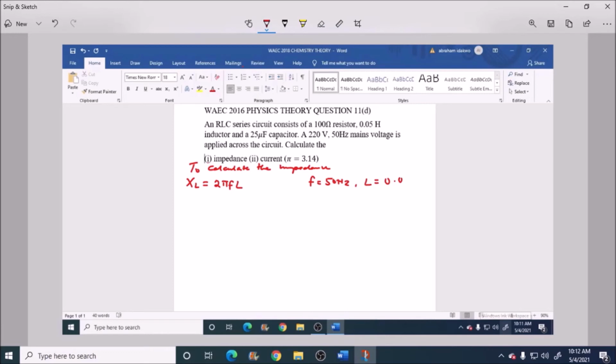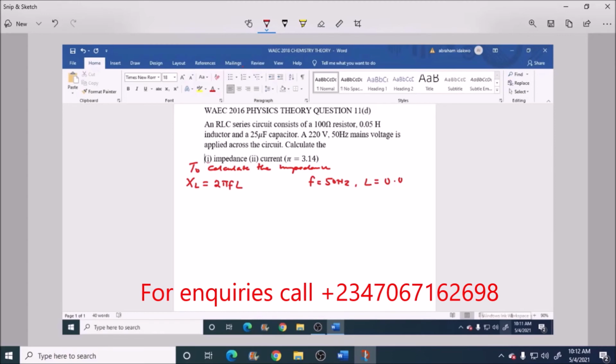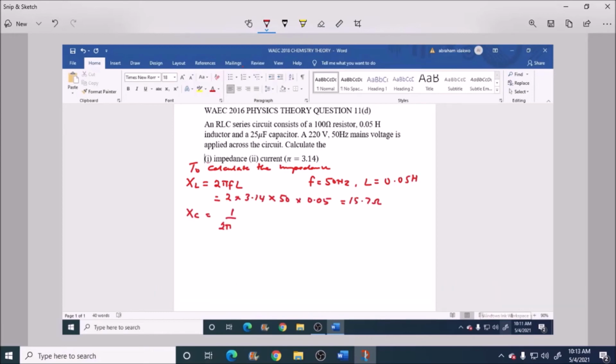The total is 15.7 ohms. Alright, so we have to also calculate the capacitive reactance, which is 1 over 2 pi FC.